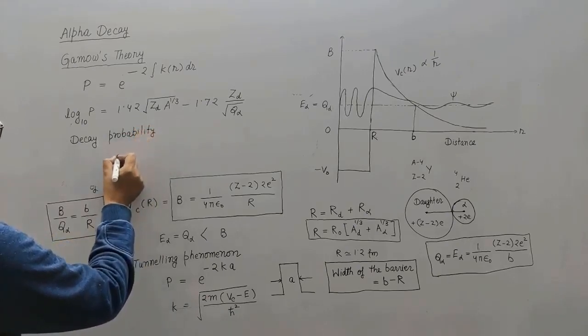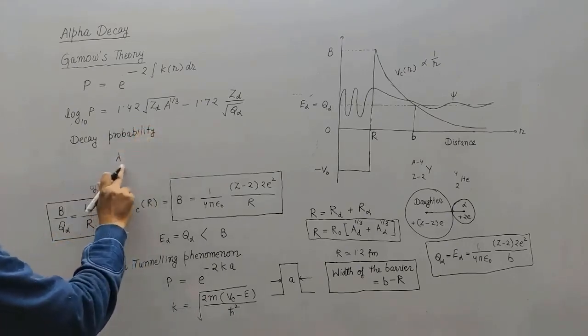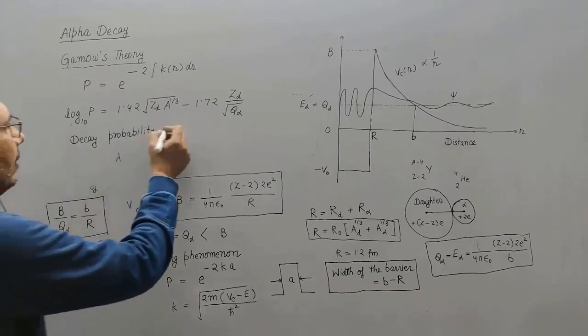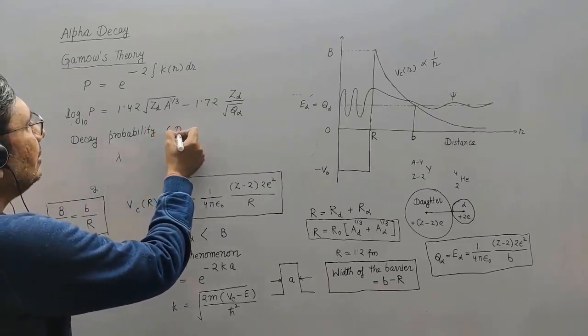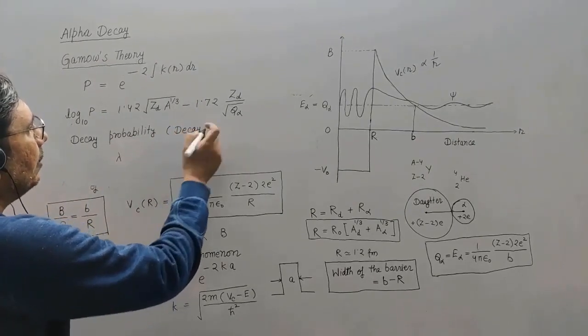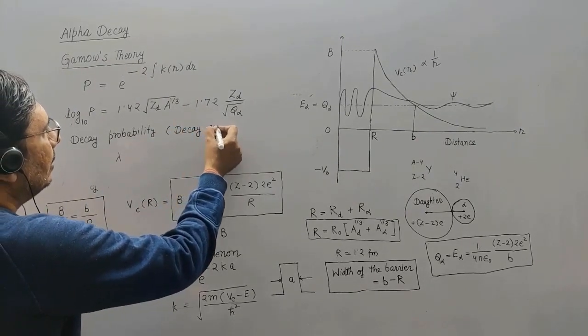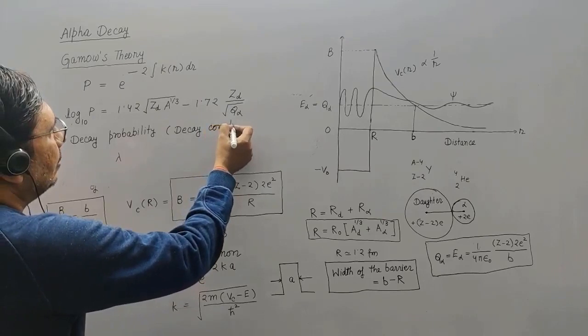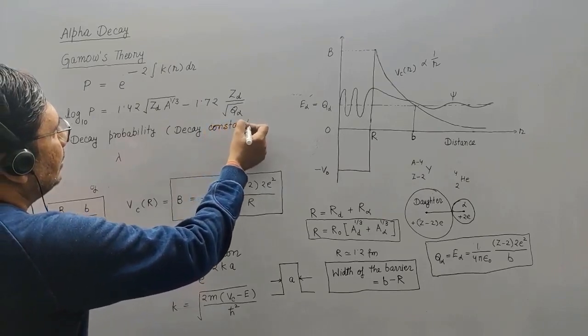And decay probability is represented by lambda in case of alpha decay. This is also known as decay constant. In the radioactivity chapter, you are aware of the decay constant. So decay constant is also known as decay probability.